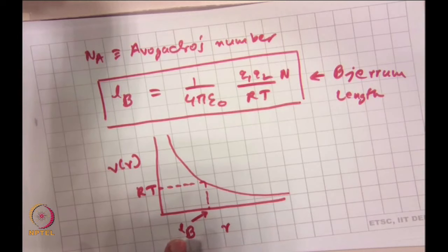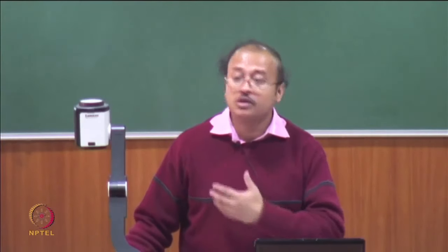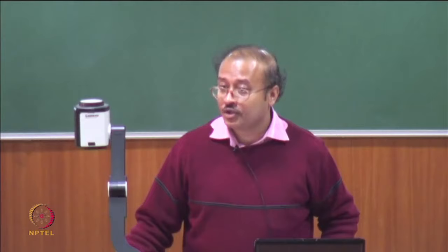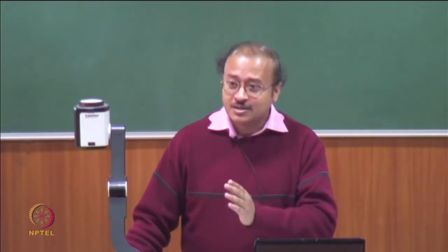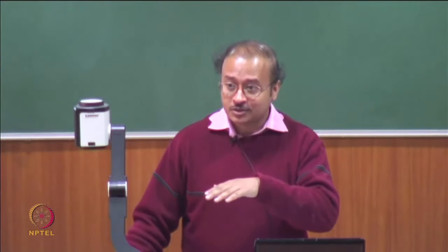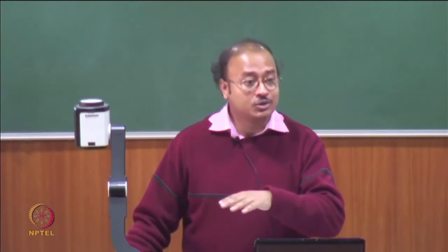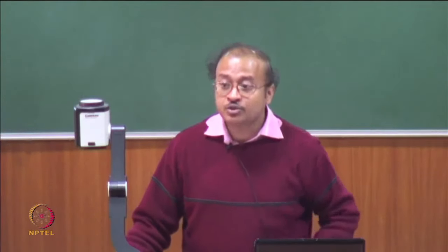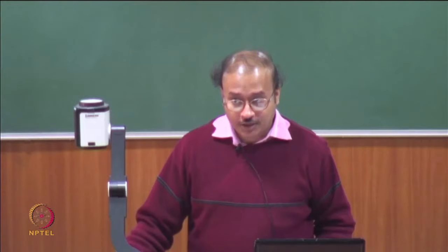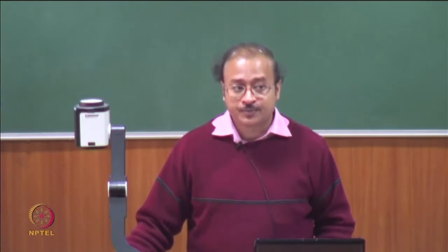Fluctuations are always on the order of kT for a molecule or RT for n number of molecules. So at this length your thermal fluctuation energy is equal to your potential energy of interaction between the two charges, right. This is the underlying significance.